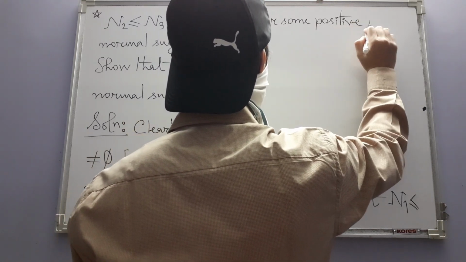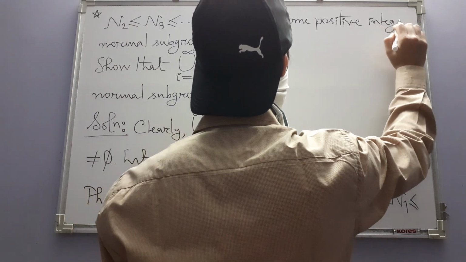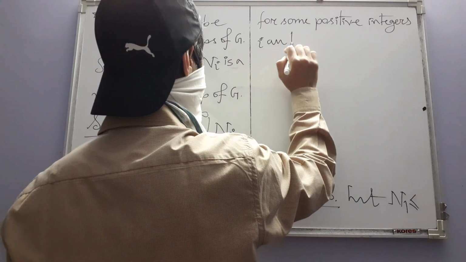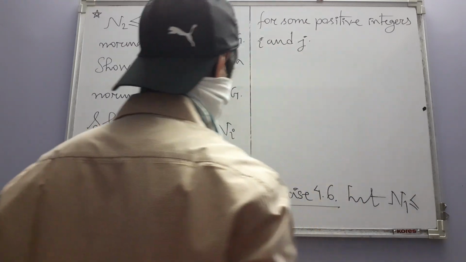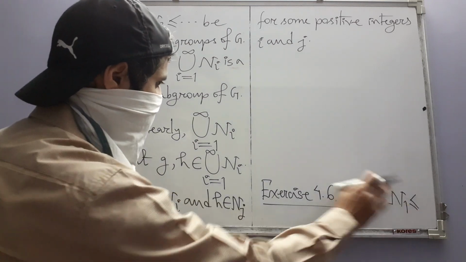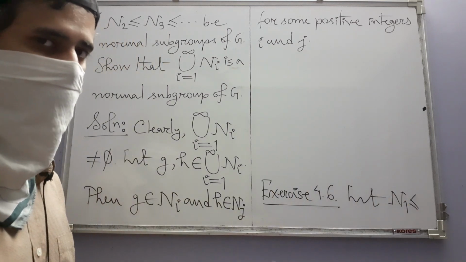For some positive integers i and j, because we have only positive integer indices. Things start from 1, 2, 3 and so on.